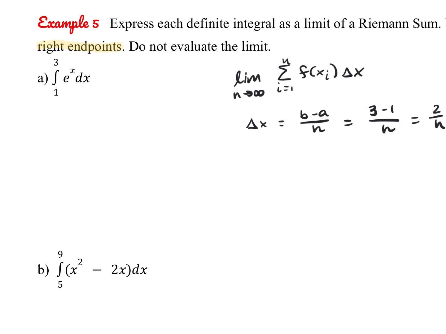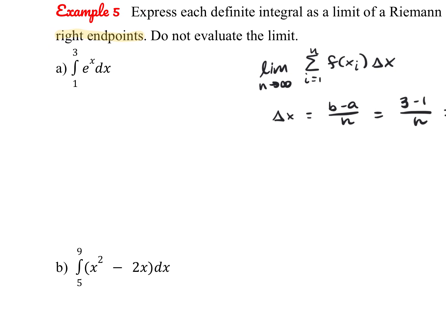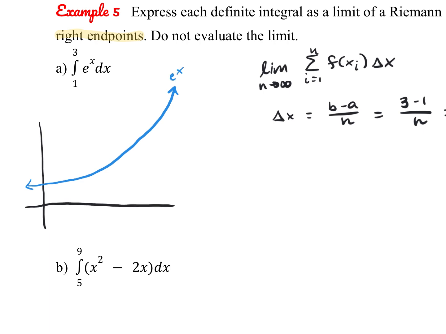Now, just to visualize what's happening here, and since we're doing a right endpoint sum, let's say here's our curve, and this curve is e to the x, so that's our function. And let's say here's 1, and over here is 3.